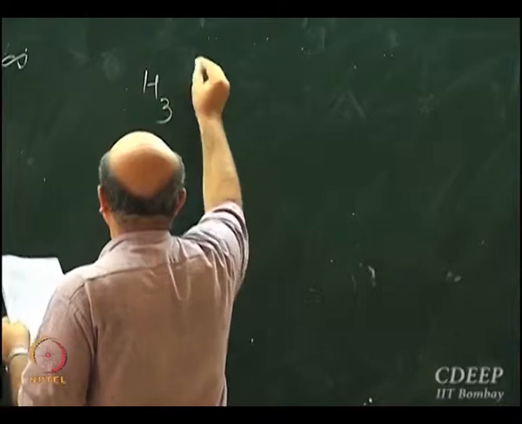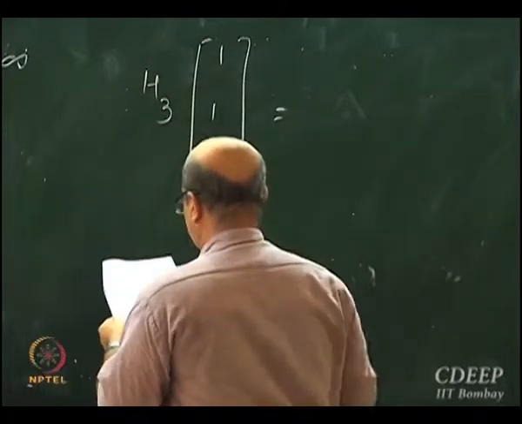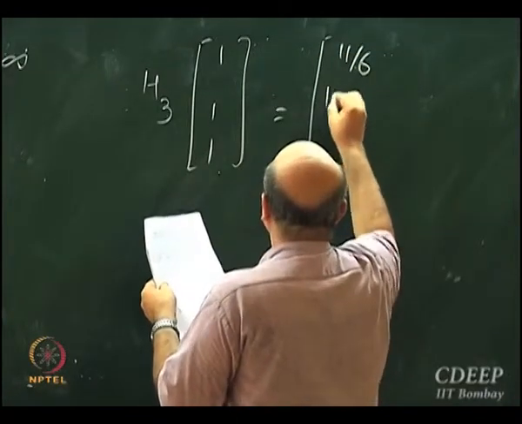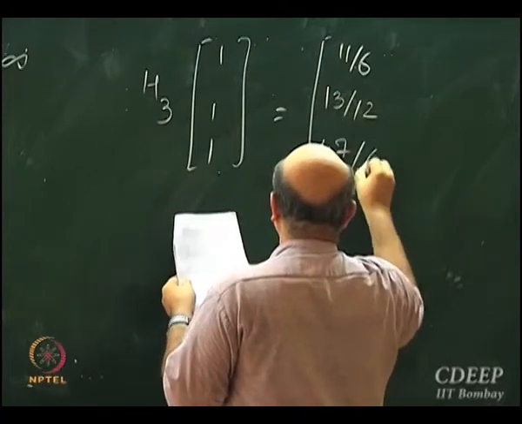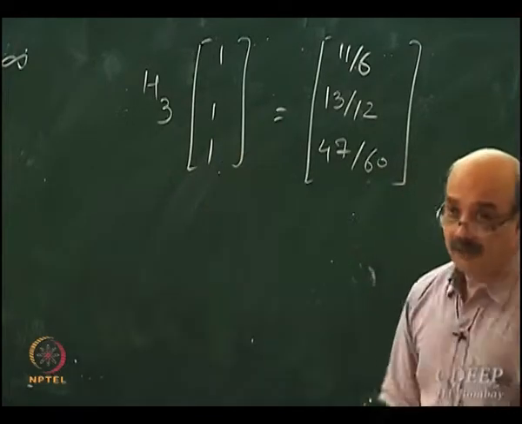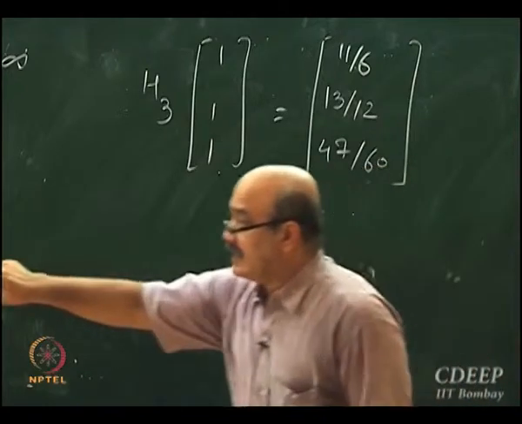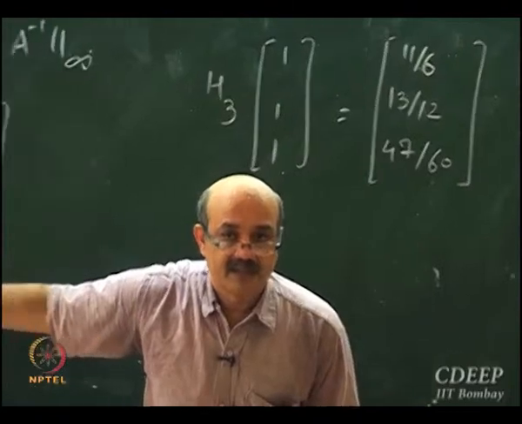See, H3 times 1, 1, 1 will give you 11 by 6, 13 by 12, 47 by 60. Now, what I am going to do is that instead of solving this problem, I am going to round off this matrix.